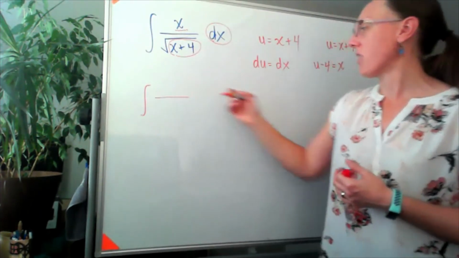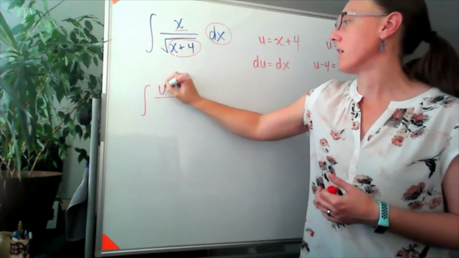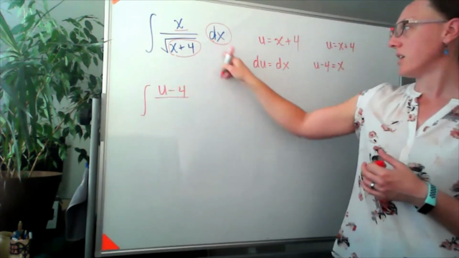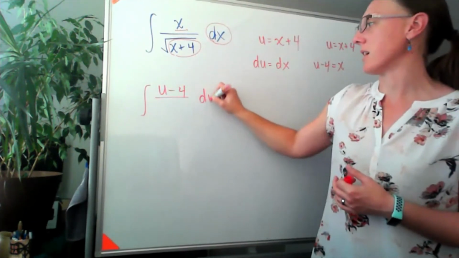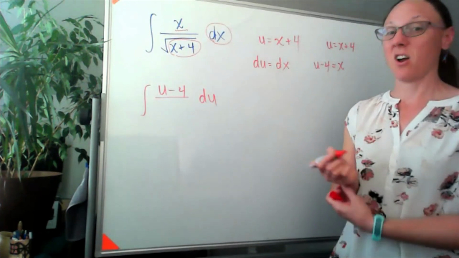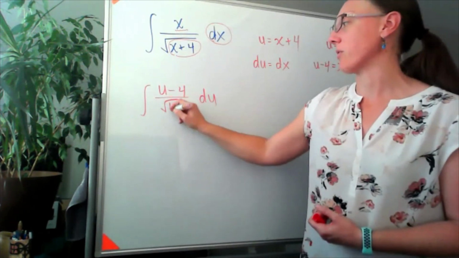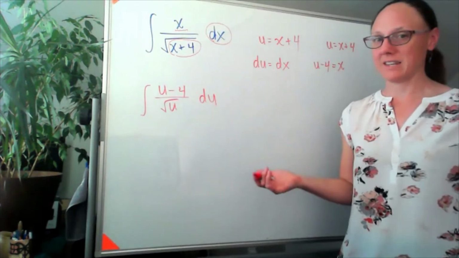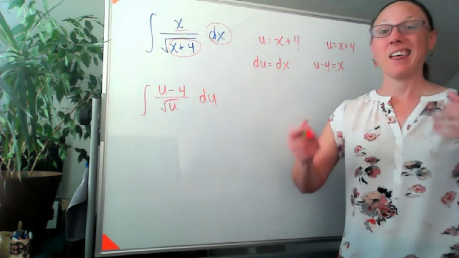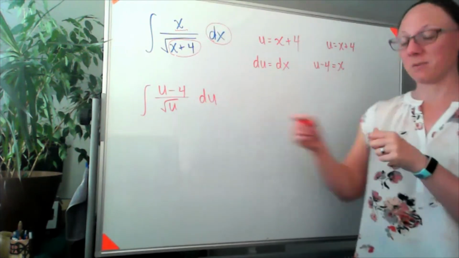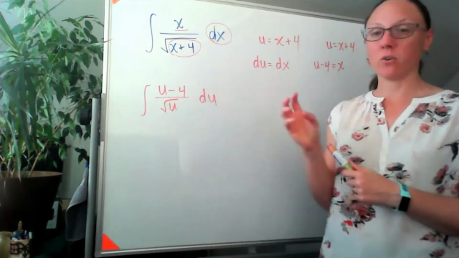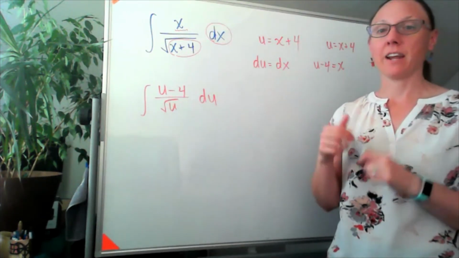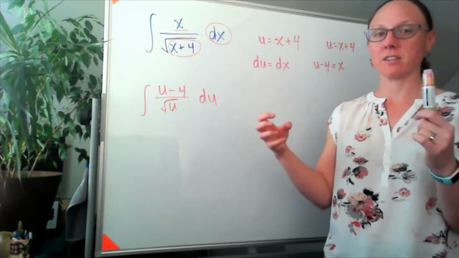So that x on top can become u minus 4. The dx can become du. And that denominator can become the square root of u. And you might be looking at that and thinking that doesn't look a whole lot better. The good news is it is better. If I have a single thing in my denominator, then I can break this apart as separate fractions.